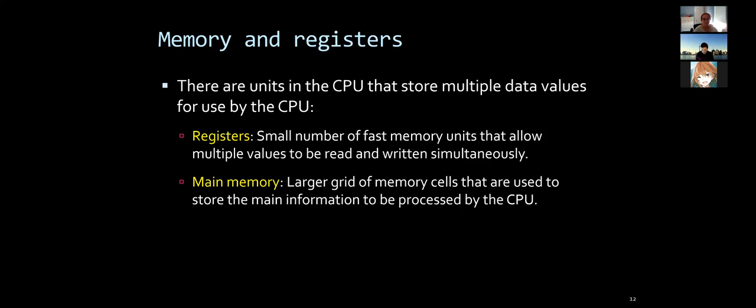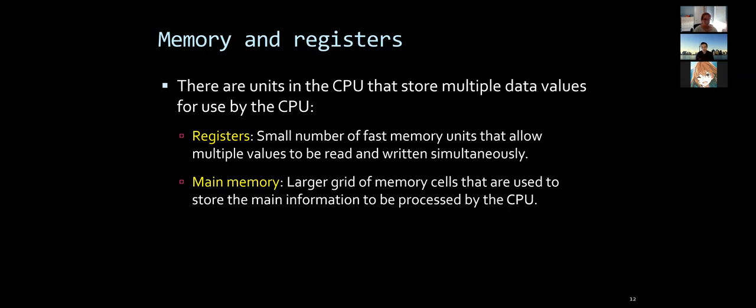The typical CPUs that you're going to deal with in the near future are going to have tens or maybe hundreds of those. GPUs are different. We're not going to talk about accelerators for now, but the typical thing you have to deal with is going to be on the order of tens or hundreds. So it's a small number of fast memory units that allow multiple values to be read and written simultaneously.